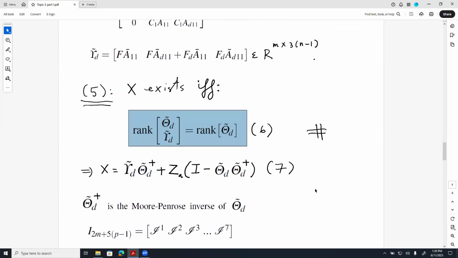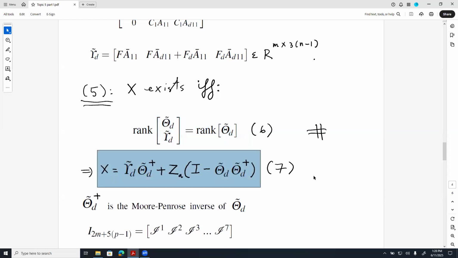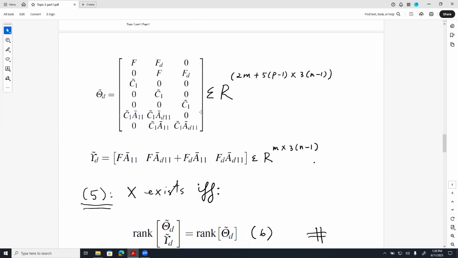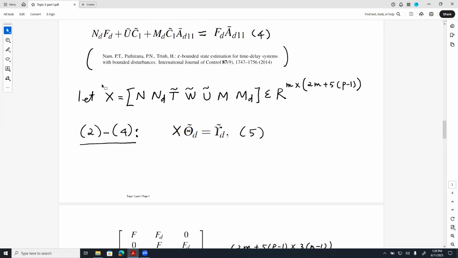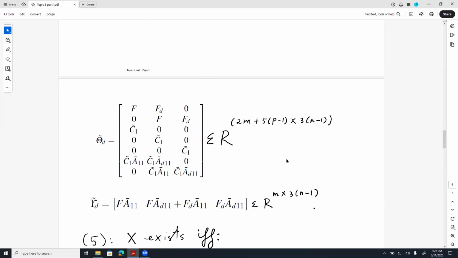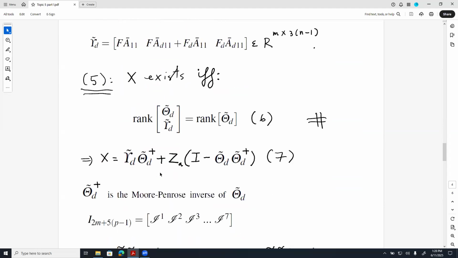Now, it has to be satisfied, and if it's satisfied, then the general solution of that equation is given by equation 7. That means we will be able to obtain this unknown matrix with all these parameters, expressed in terms of this generalized solution.